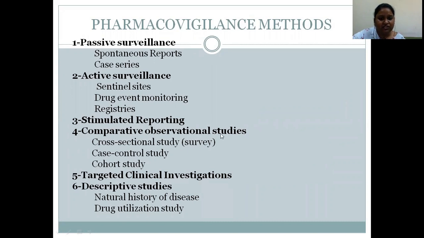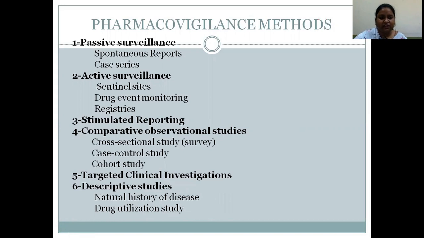In the observational studies, we will read about cross-sectional studies, case-control or cohort studies. Fifth is targeted clinical investigations. Lastly are descriptive studies, which are implemented on the natural history of the disease or drug utilization studies. So let's start with the passive surveillance.